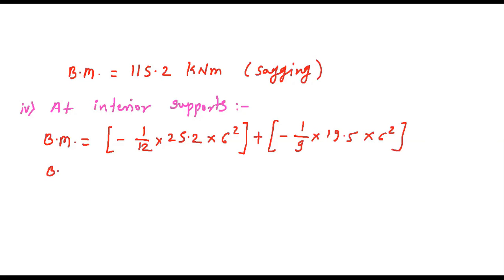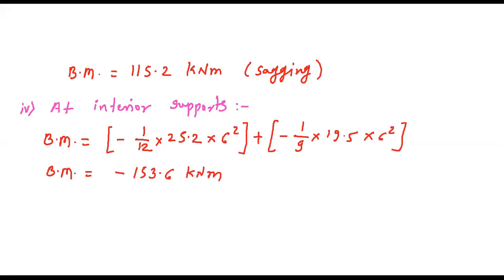So the bending moment is the hogging moment, minus 153.6 kilonewton meter. So these are the values which we got for the calculation.